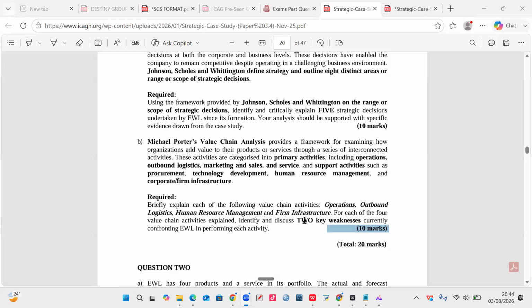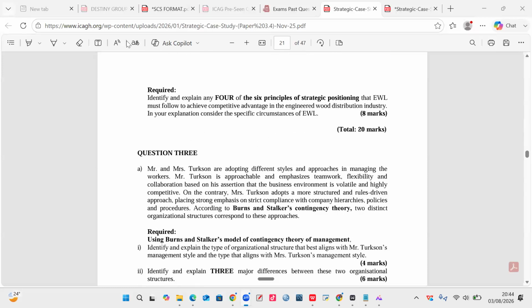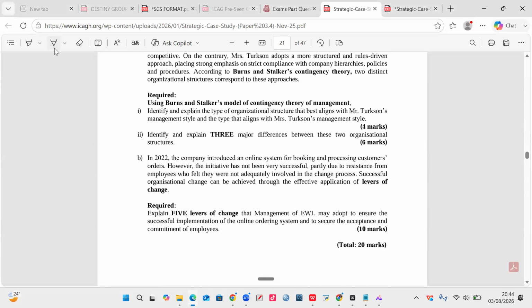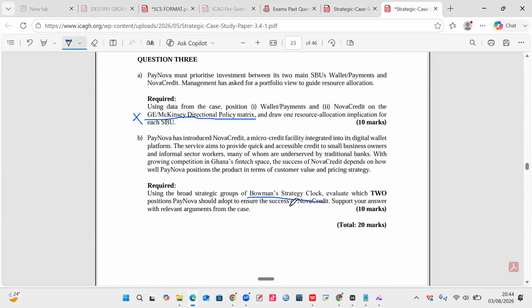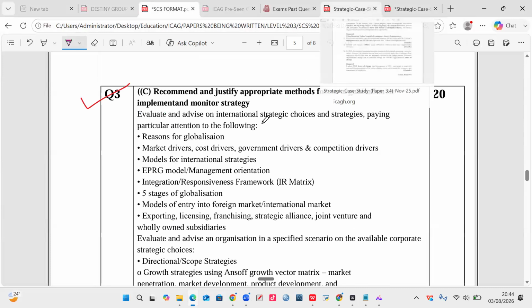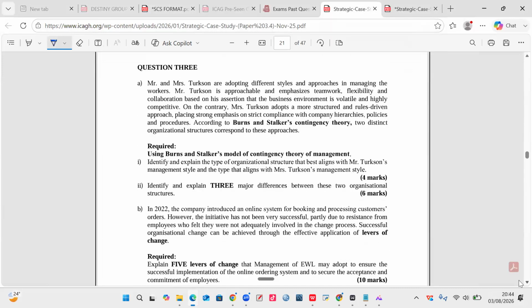We have the Bowman strategic clock. Let's go to question 3. Question 3 here. No, we are here. The Bowman strategic clock, and it's directly from the format. Let's look at November 2025, question 3.